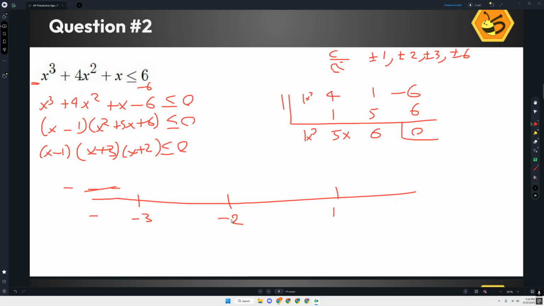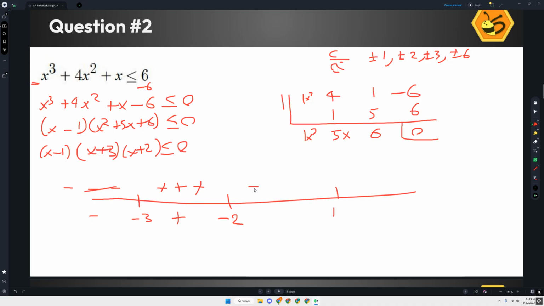Next one, between negative 3 and negative 2, what's the value we can plug in? Negative 2.5. So now the first value would be negative, our second value would be positive, and our third value would be negative. These two negatives would cancel out, making it a positive. For this one, what's the value we can plug in between negative 2 and 1? 0.